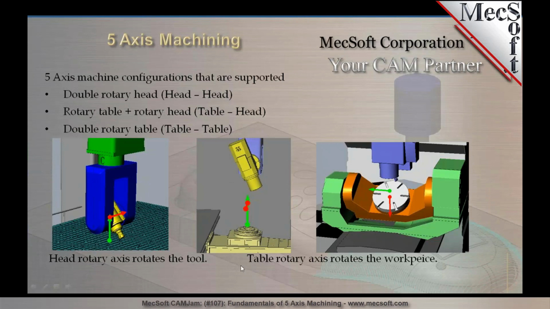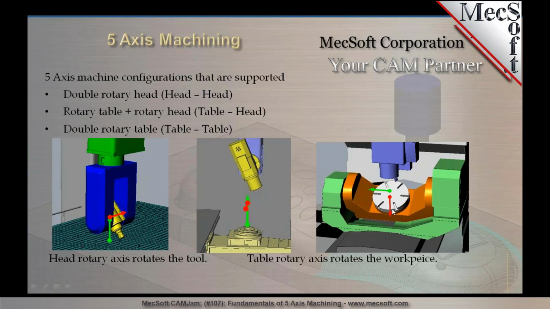The next configuration is a table-head configuration, where you have a rotary table. One of the axes is a rotational axis on the table, and the other is a head rotation. So there's just one rotational axis on the head and one on the table. This is a table-head configuration.